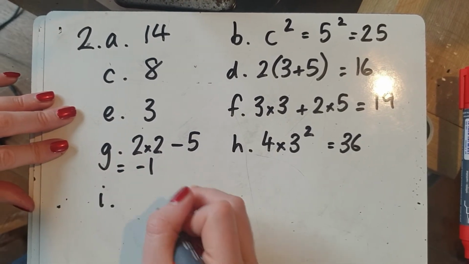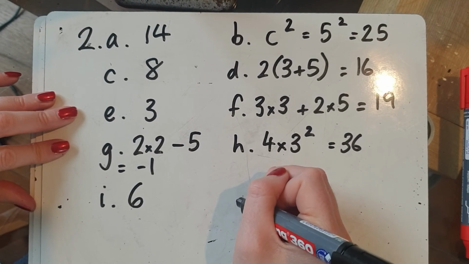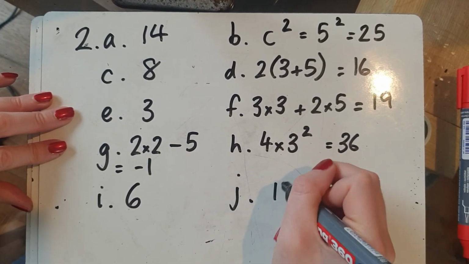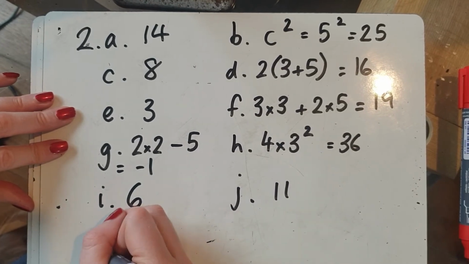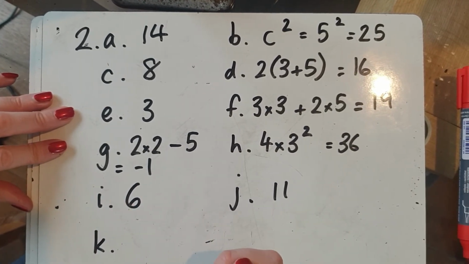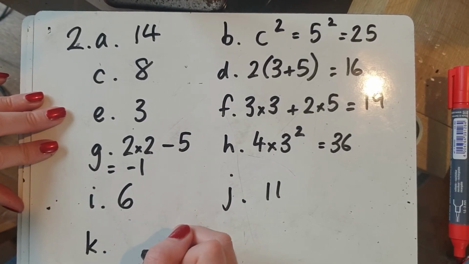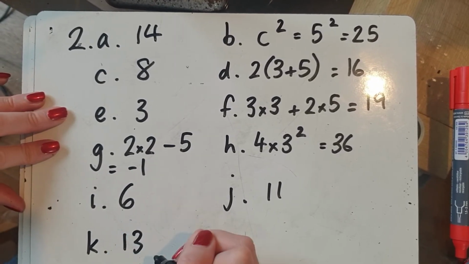I is a times b, so it's 6. J is b times c, which is 10, plus 1 gives you 11. K is a times c minus 2, so that's 15 minus 2, so it is 13.